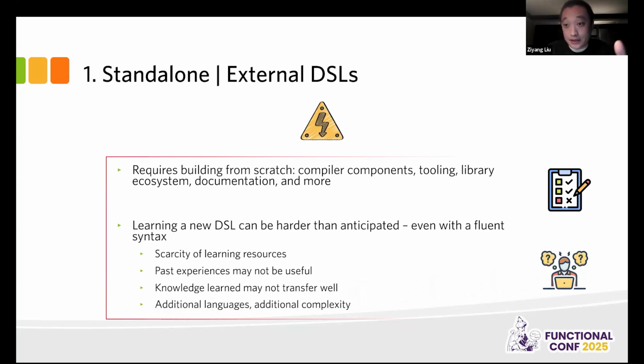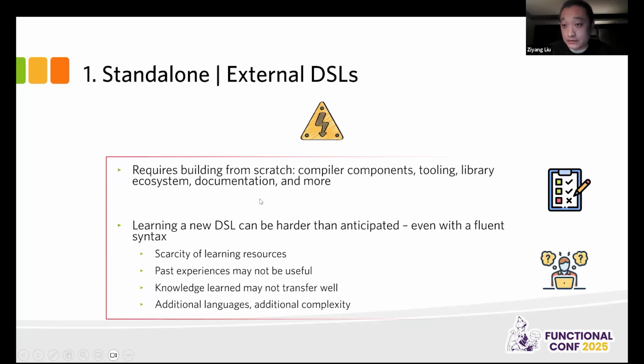And these are already hard enough, but there are some additional pieces you need to deal with, like tooling. If you need some kind of debugger for your language, or some kind of testing framework, or some kind of metaprogramming capabilities, these all need to be developed from scratch, which is a lot of work. And also library ecosystem, documentation, and so on.